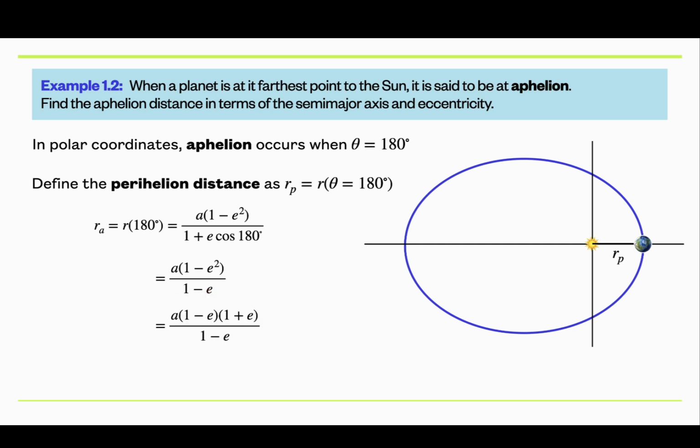Factor this out, you get 1 minus e times 1 plus e. These 1 minus e's cancel, and you get this nice result that the aphelion distance, which again is the distance from here to there, is just the semi-major axis times 1 plus e.